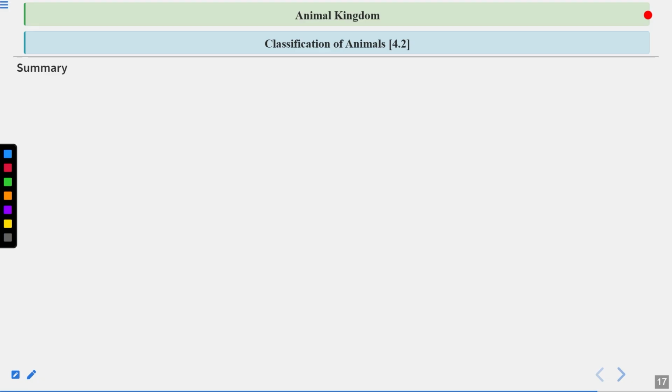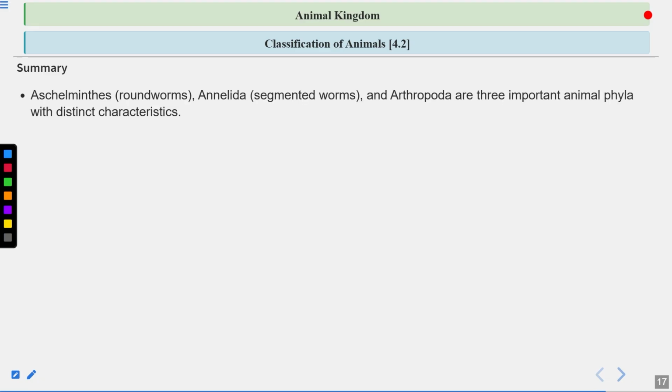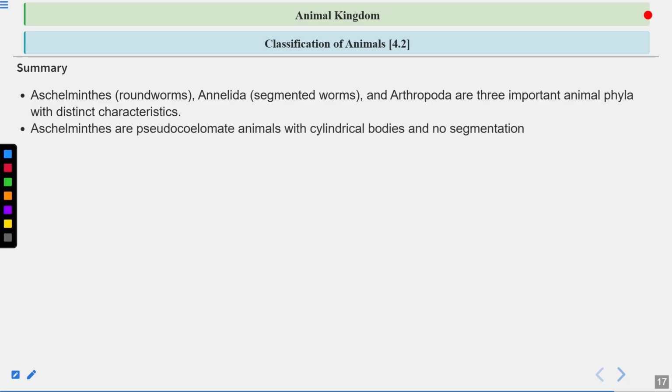Summary. Today we studied Aschelminthes, commonly known as roundworms, Annelida, segmented worms, and Arthropoda. These are very important phyla. Aschelminthes are pseudocoelomate animals with a cylindrical body and no segmentation.